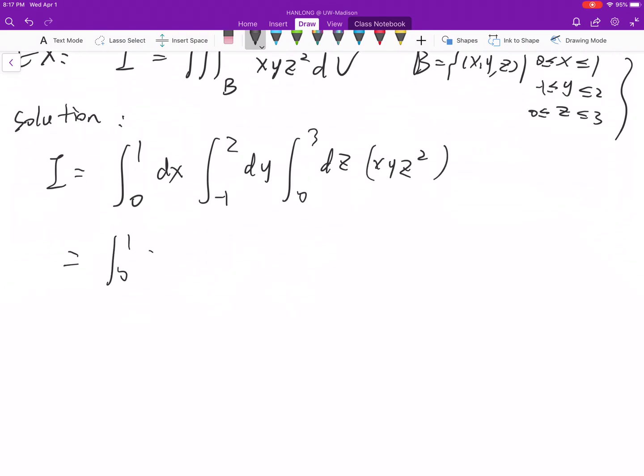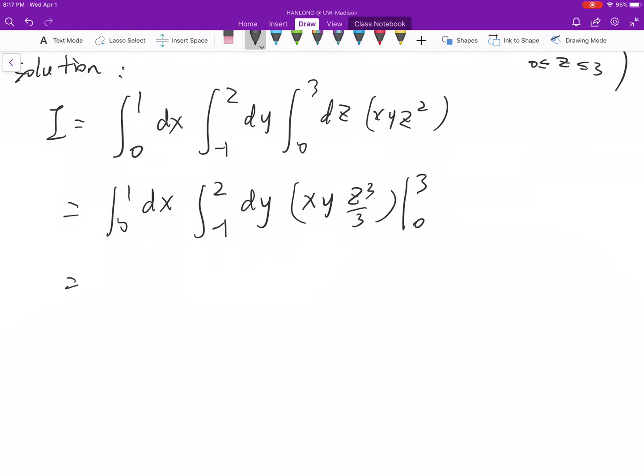And then you have 0 to 1 dx, negative 1 to 2 dy, x times y z cubed over 3, from 3 to 0. And then if you evaluate before the y integration, you have 9xy.